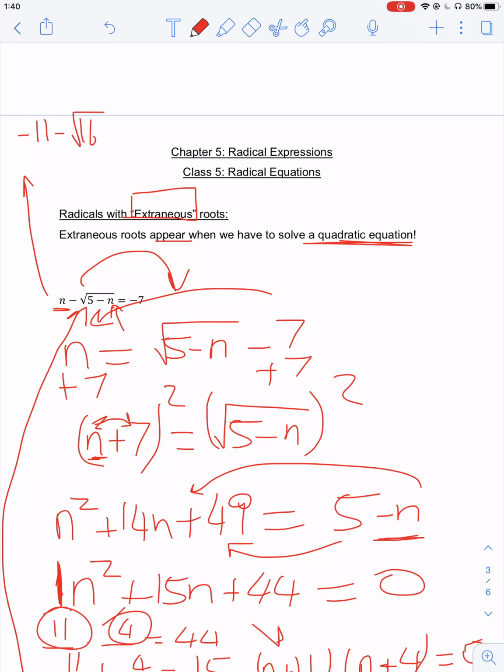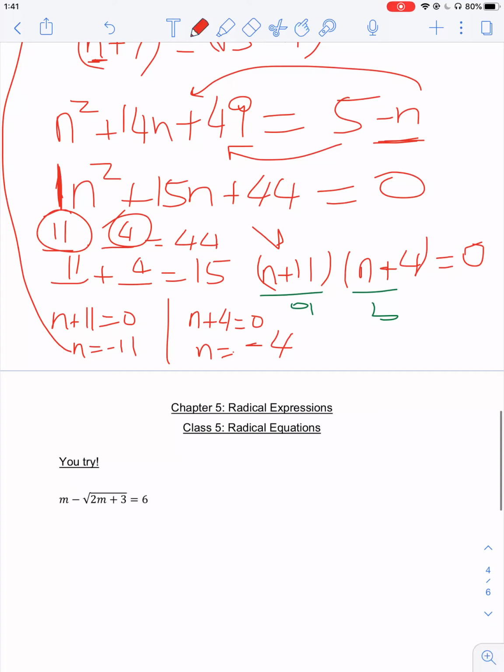Then you have to take the square root of that. So this becomes minus 11 minus 4, which is equal to minus 15, which is not equal to minus 7. So this is a solution that does not work.